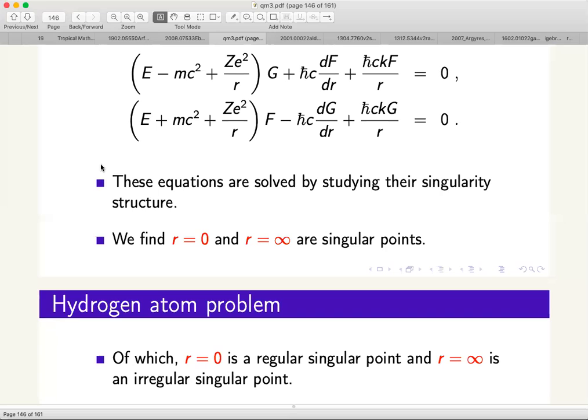Now you notice one thing: the first term is a second derivative with respect to r, the second term is 1 over r times df by dr, and the third term is 1 over r squared times f. So in the neighborhood of the singularity, if you take r going to lambda times r, you just get a 1 over lambda squared factor out.